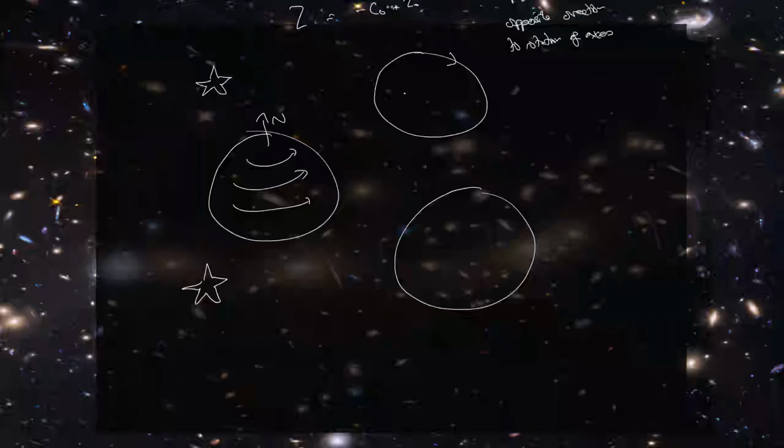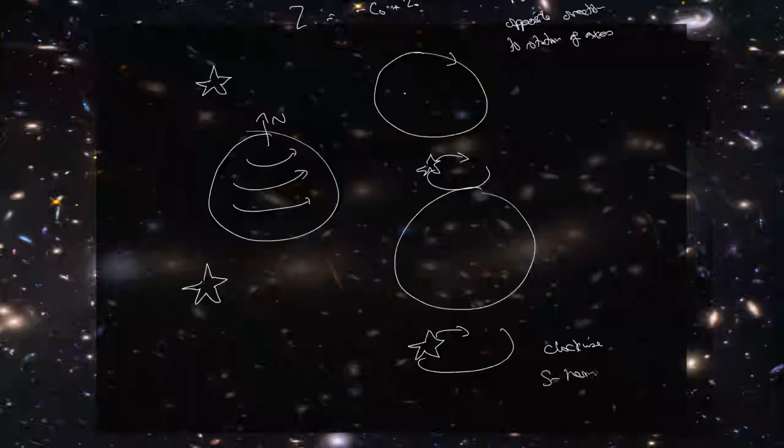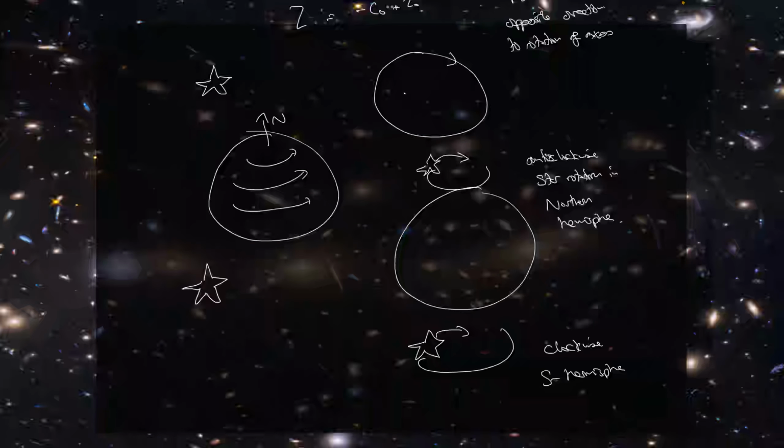So we observe clockwise star trails in the southern hemisphere and anti-clockwise star rotation in the northern hemisphere. That result was not surprising, but it emphasized that we need to apply the centrifugal and Coriolis accelerations to the stars themselves in order to get the correct motion in our rotating frame.